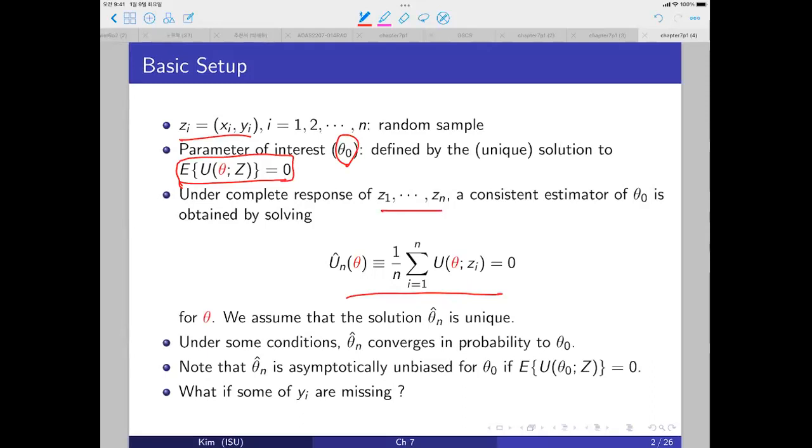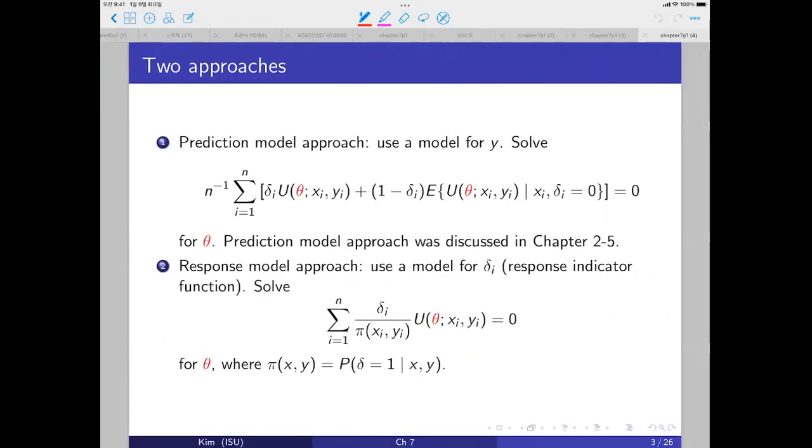And theta hat is an estimator, and this estimator will converge to theta null if the expectation of the U function at theta null is equal to 0. And the question is, we have missing data in Y. Then we have two approaches.